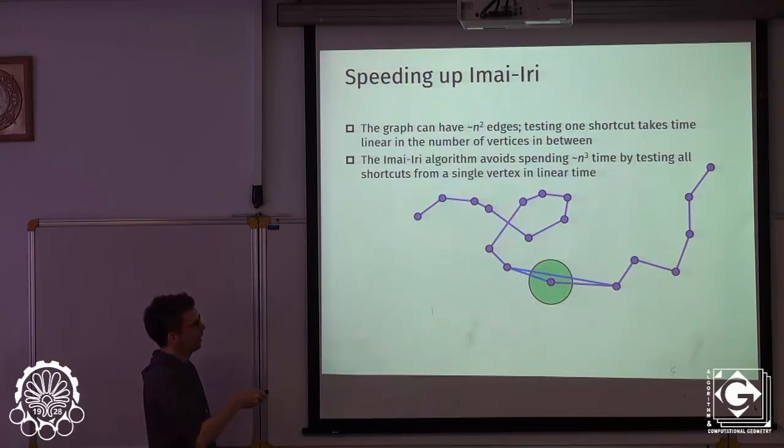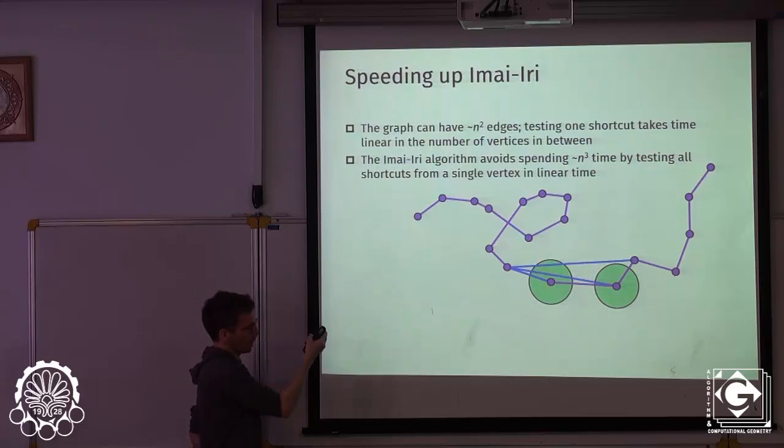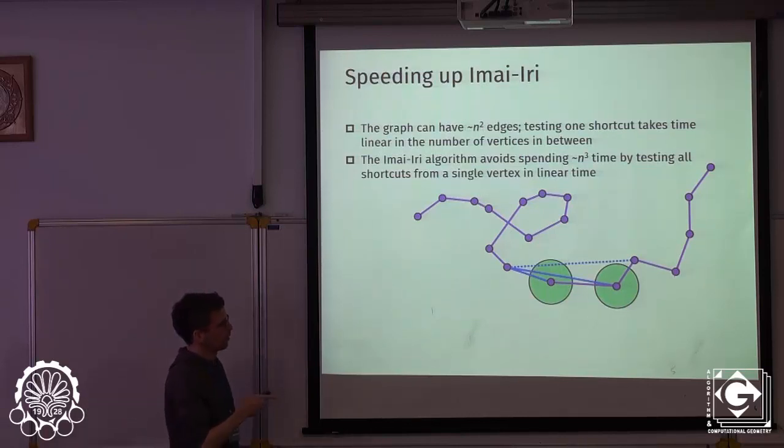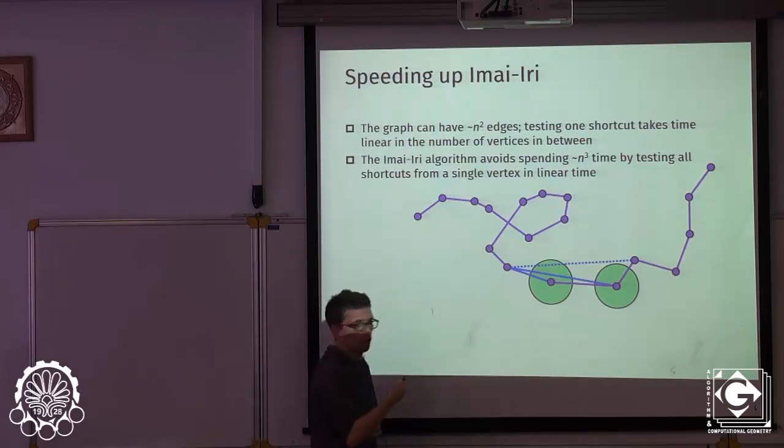And now, if I want to test the next edge, so up to here, then I draw the epsilon disk around this, and I will have to test whether this one stabs this epsilon disk and this epsilon disk. In this example, it's not the case, so this would not be a valid shortcut. But note, this is not a monotone property.